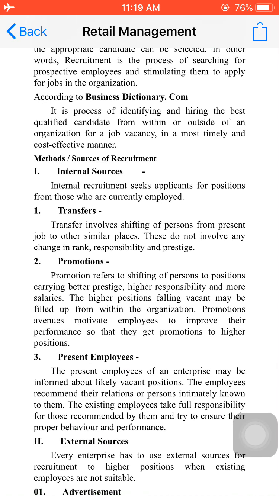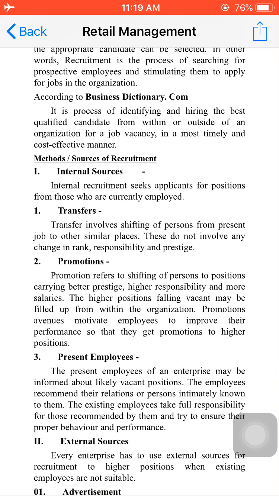Recruitment should be done in a most timely and cost effective manner. The most important thing is that you should not invest huge funds for the process itself. It should be cost effective. What are the various cost effective ways? You can go with emails because they are much more cost effective.